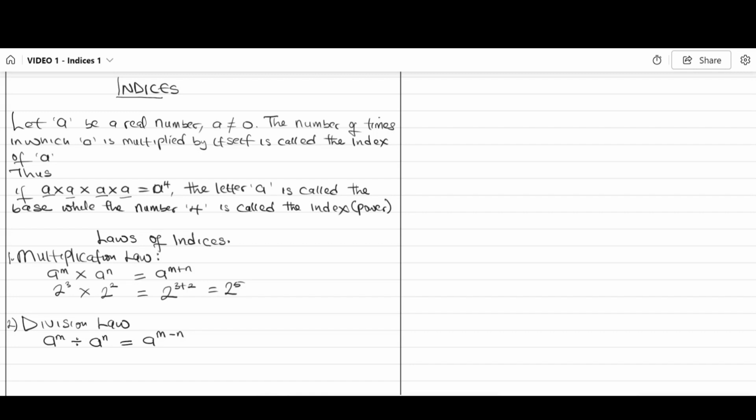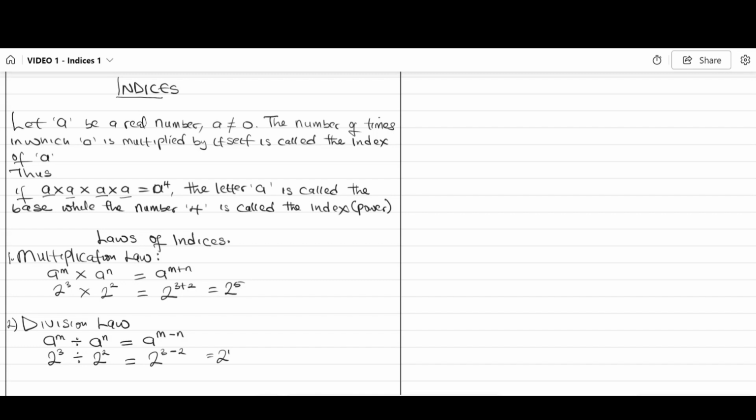So using the example, we have 2 raised to the power 3 divided by 2 raised to the power 2. This is given as 2 raised to the power 3 minus 2, equal to 2 raised to the power 1. So this is known as the division law.